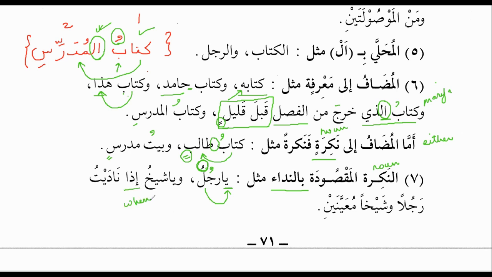It is also a zarf particle. Nadaitu, when I called any man. Rajulan, shaykhan, muayyanan. Means I know that person, but I'm calling him rajulan. Ya Rajul, Ya Shaykh. They are muayyan. The moment you attach the harf nida, it becomes specific. So that's how you make a nakira noun into a known marifa noun.